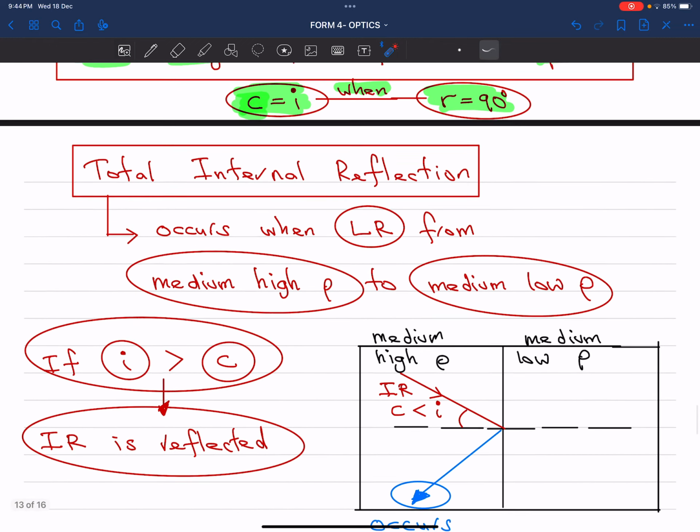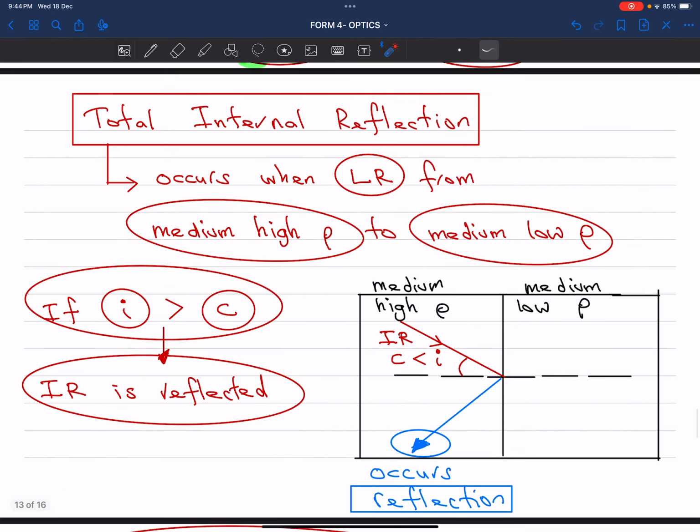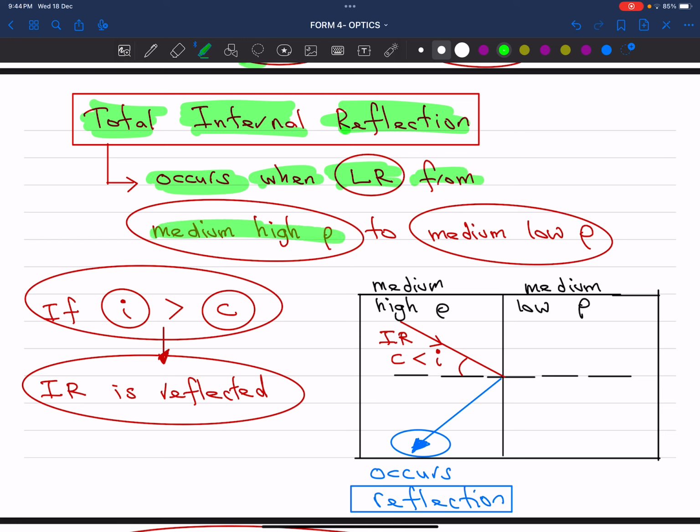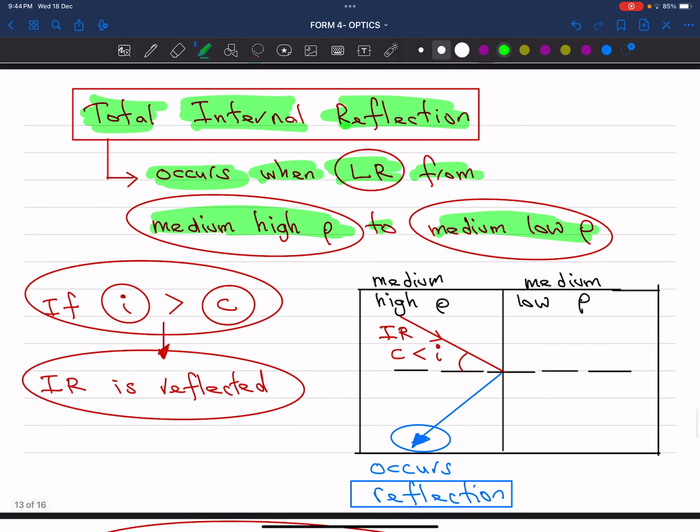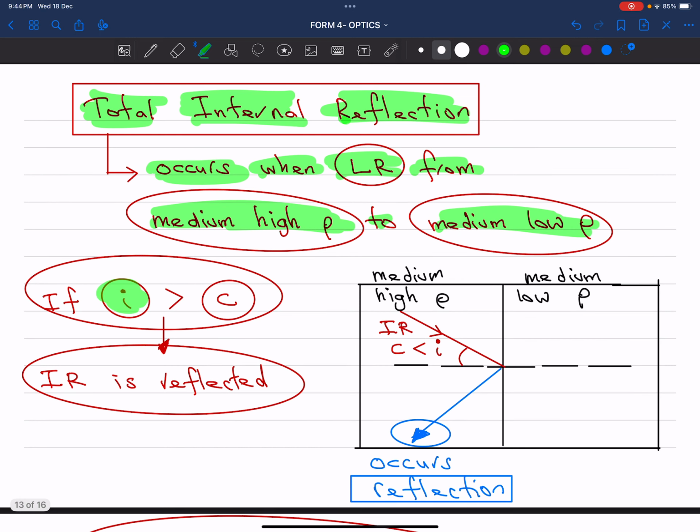Now we come to the most important part, that is total internal reflection. As I said earlier, it occurs when the light ray moves from a medium of high density to a medium of low density, and the angle of incidence is more than the critical angle of the medium.